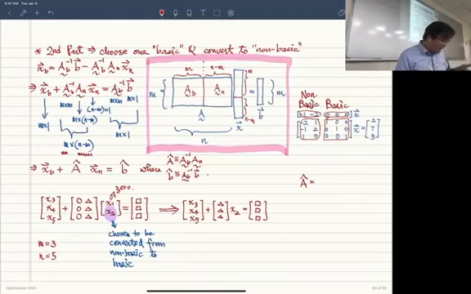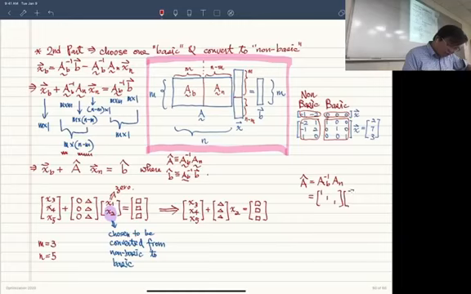Okay, so my A hat is AB inverse times AN. So what is my AB inverse? Should be 1, 1, 1 again. And what is my AN? AN should be my minus 2, 1, minus 1, 2, 1, and 0. So when we complete the multiplication, I basically have exactly the same thing, right?